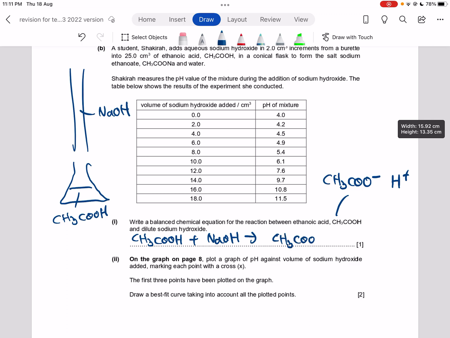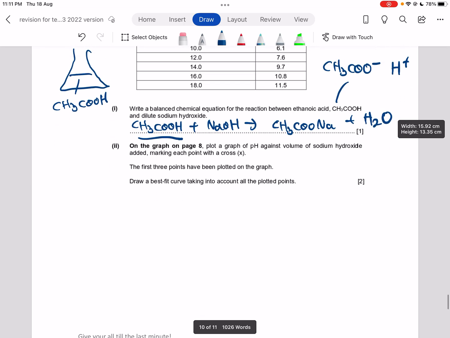Quite weird. Normally the cation is on the left, but this one the cation is on the right. But at this point of time, I won't test you on these very weird ones. Just focus more on nitric acid, sulfuric acid, hydrochloric acid, those normal strong acids that we always use.